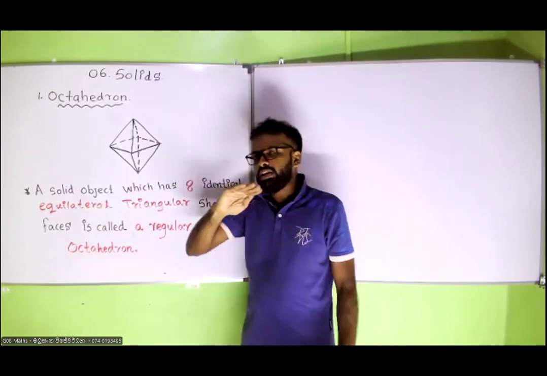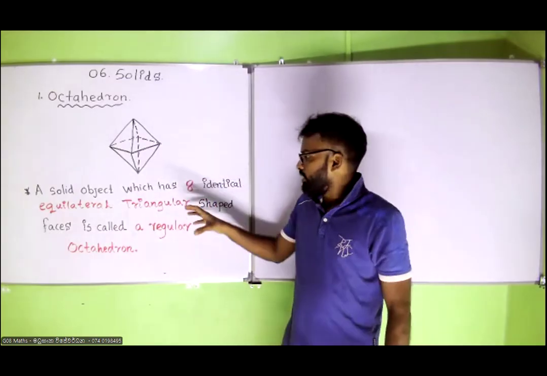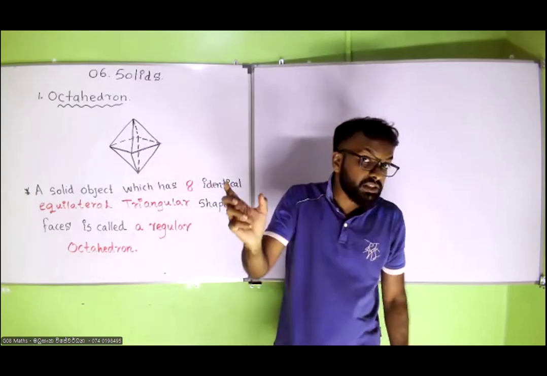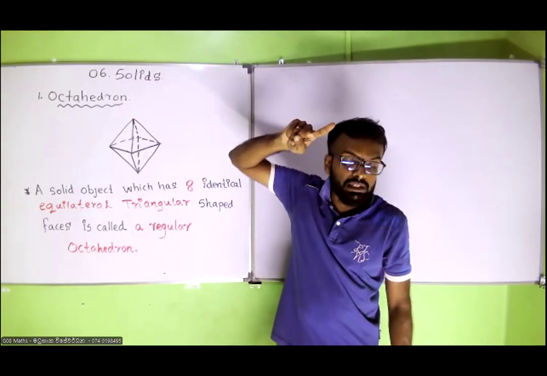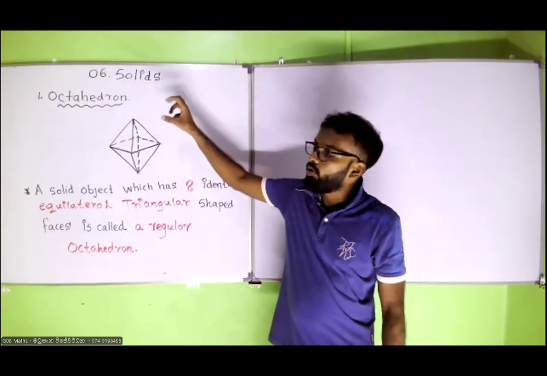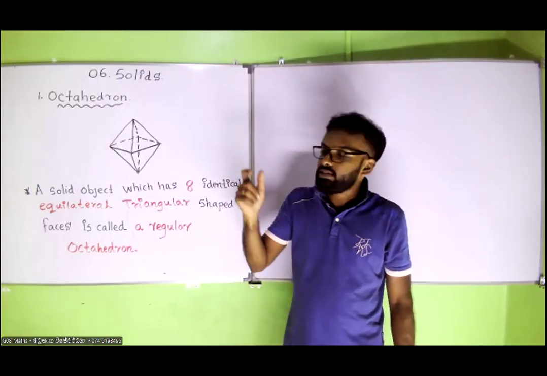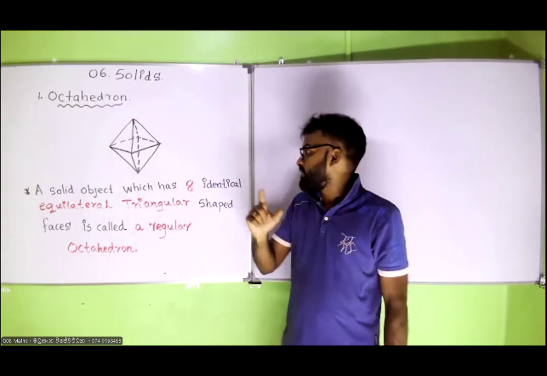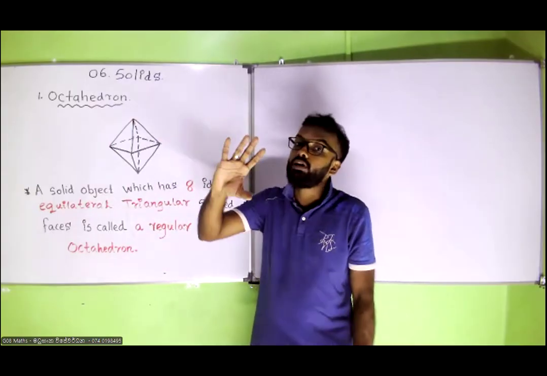All the faces are identical equilateral triangles. How many faces are there for an octahedron? Octa means 8. There are 8 identical faces. And what is the type of the face? Equilateral triangular shaped faces. So 8 identical equilateral triangular shaped faces are there for a regular octahedron.